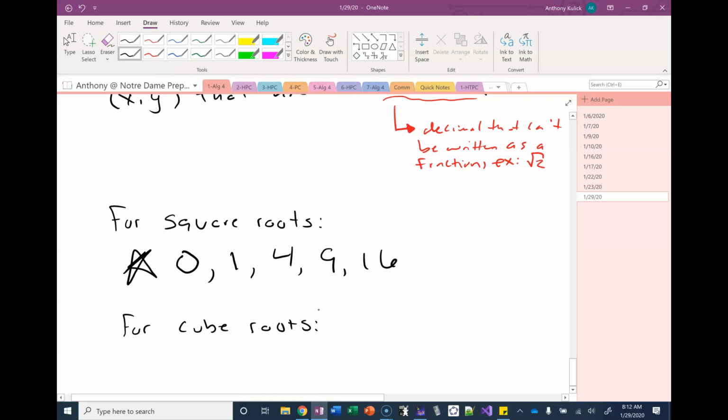So for cube roots, is there a smallest number we can take the cube root of? Is there a number smaller than 0? Because remember, we can take the cube root of negatives. So is there a smallest? Smallest is smallest, so negatives are smaller than 0.